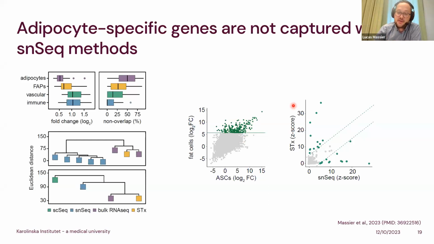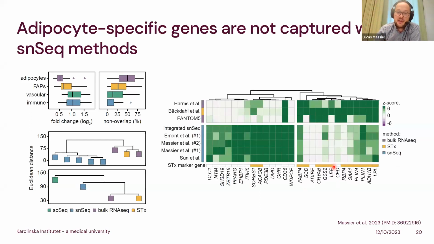And then we looked at their distribution in the spatial sequencing versus the single nuclear sequencing. And we see that some of these genes are highly expressed in the spatial, but not at all in the single nuclear data, while others are highly expressed in the single nuclear data, but not so much in the spatial data. And these genes are shown here. So we see the two clusters, the genes that are high in the spatial data and also in the bulk data, and then the genes that are high in the single nuclei data sets.